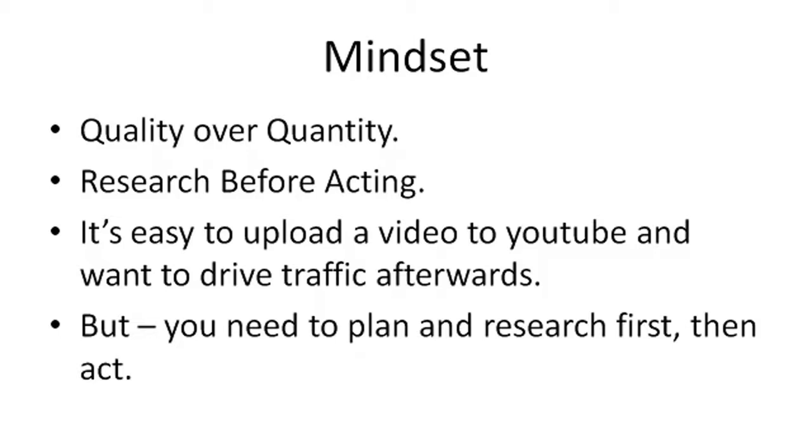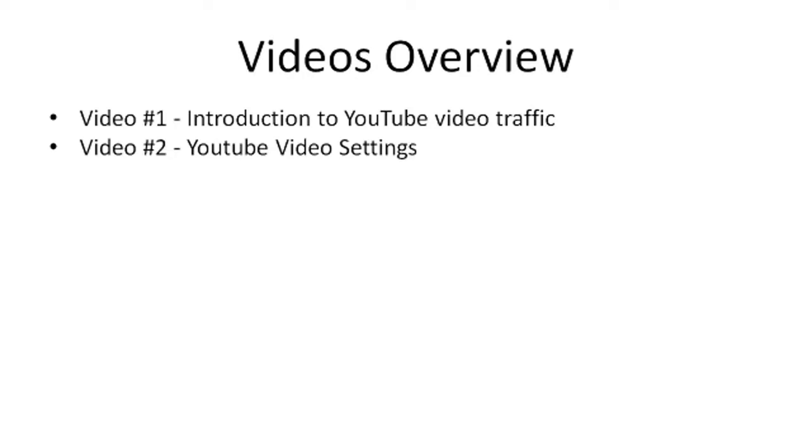But obviously you need a plan and research first, and then we'll need to act. So part of the video course is going to be about planning. Video number one is introduction, this video.